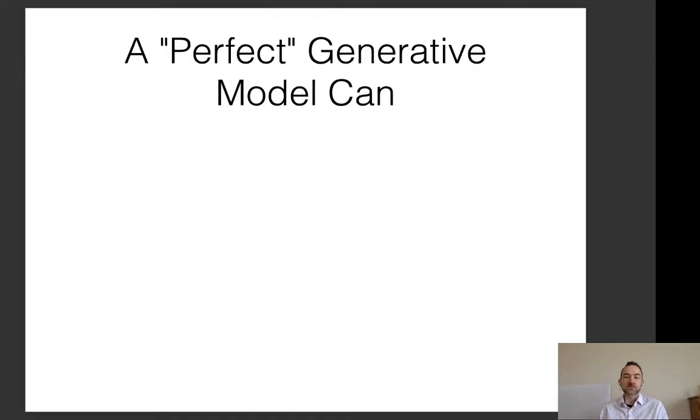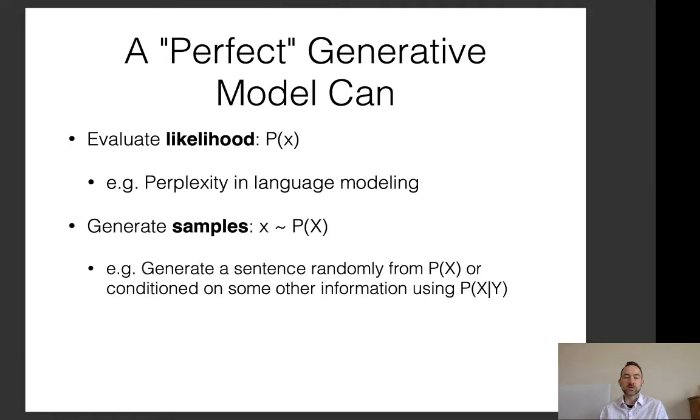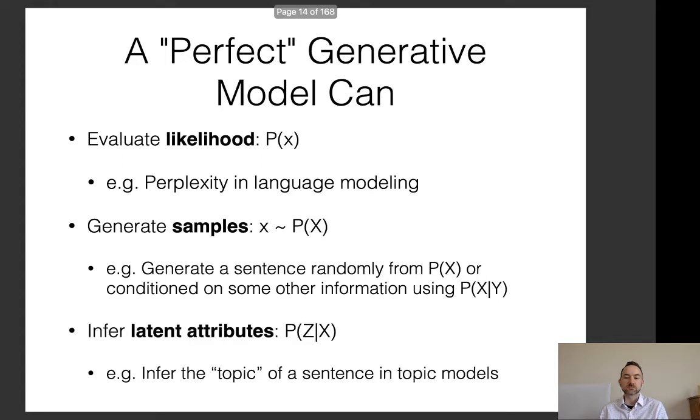A perfect generative model would be able to evaluate the likelihood, for example perplexity in language modeling. It could also generate samples, randomly from P of X or conditioned on some other information. And it could also infer latent attributes. If we have a latent variable Z, it should be able to infer Z given X, such as inferring the topic of a sentence in topic models.